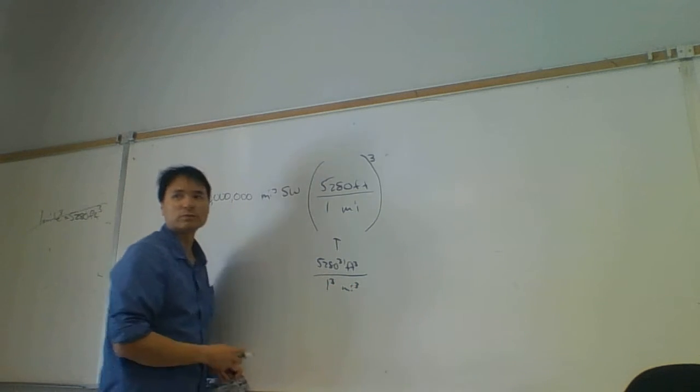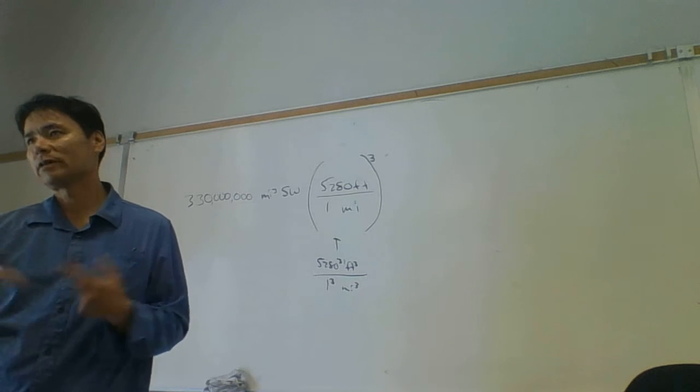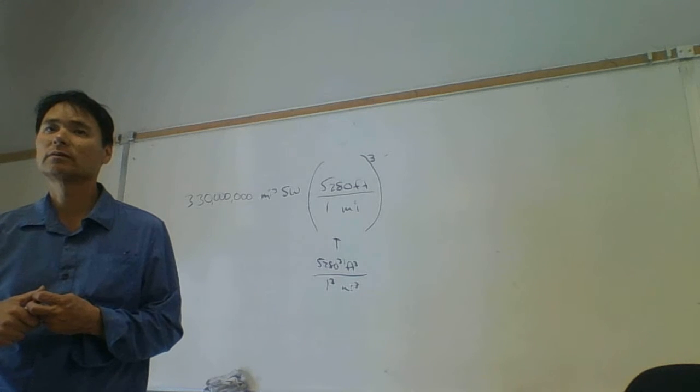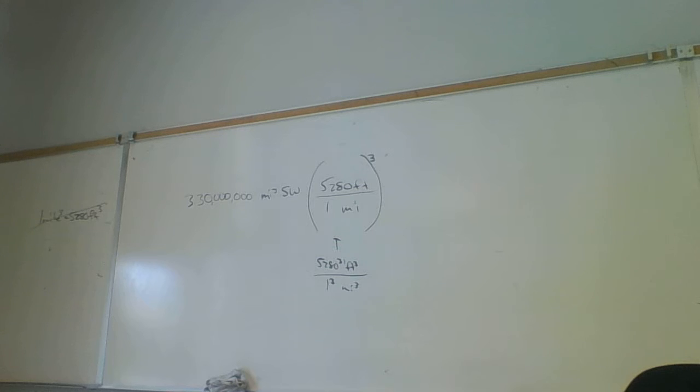That's the rules for, do you remember the rules for exponents? You have to square everything, or you have to cube everything in the parentheses. So that's what we do. And so what is 5,280 cubed? Well, I don't need to calculate right now, but let me just go ahead and do it. 5,280 cubed.